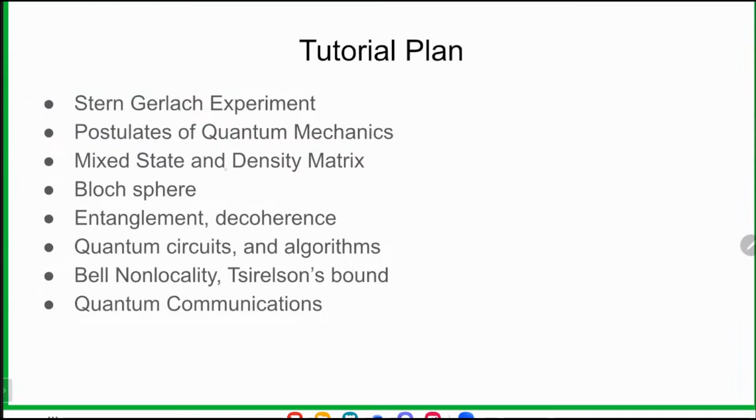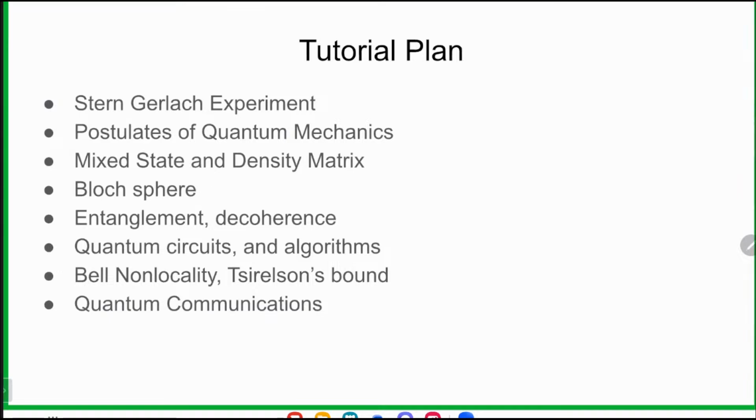Using the postulates, we will explain the Stern-Gerlach experiment, and then we will look at the density matrix formalism, mixed states, and one of the most important topics which will probably be covered is the Bloch sphere, because a single qubit is represented on a Bloch sphere, and we will learn how to map the density matrix to the Bloch sphere, and then entanglement and decoherence.